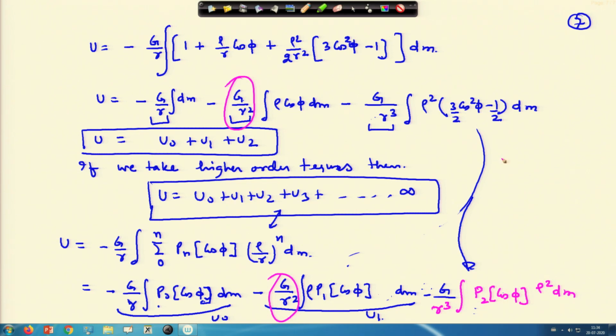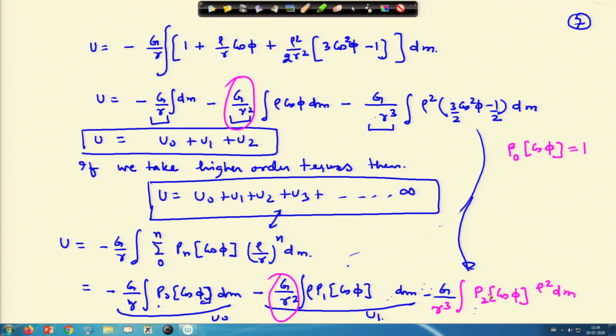So, immediately from this place we can refer that p 0 cos phi, this quantity is equal to 1.